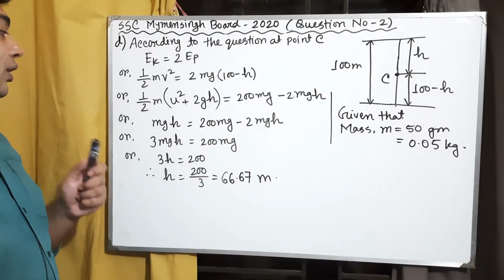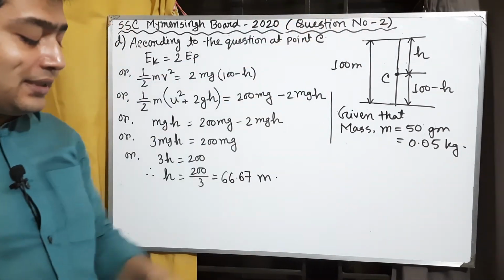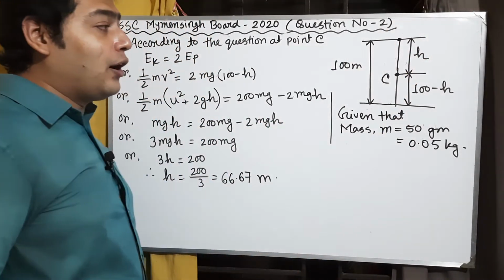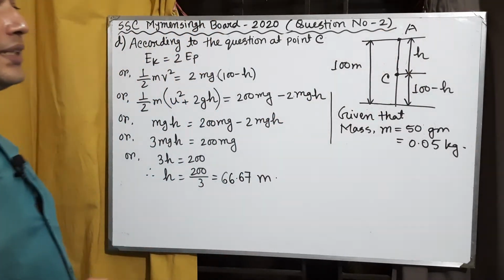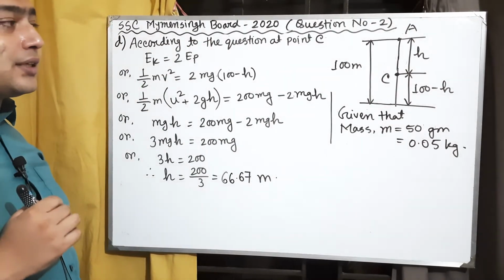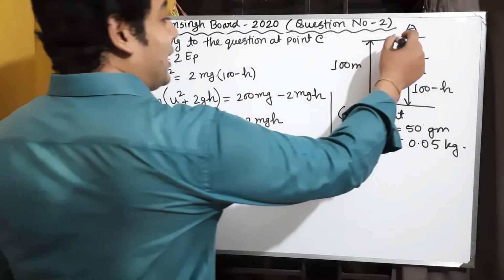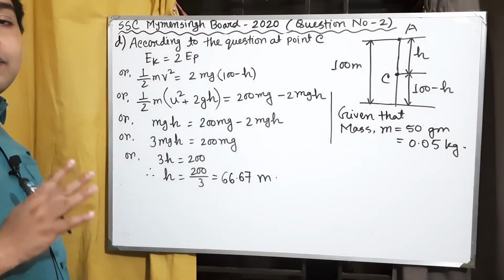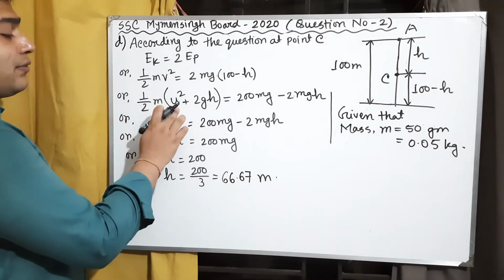Here the object falls from point A, the highest point, where the velocity is 0. So the initial velocity is 0.